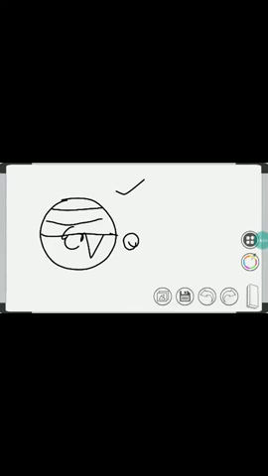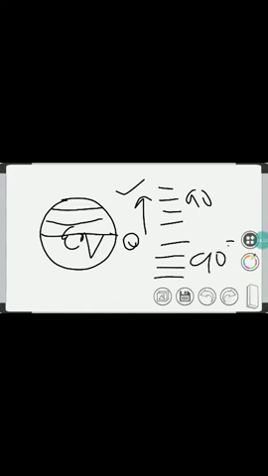There are approximately 90 different latitudes in the northern hemisphere, and in the same way 90 different latitudes in the southern hemisphere. In total 90 plus 90 is approximately equal to 180, so there are 180 latitudes.